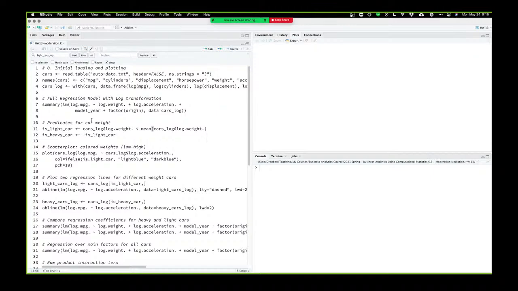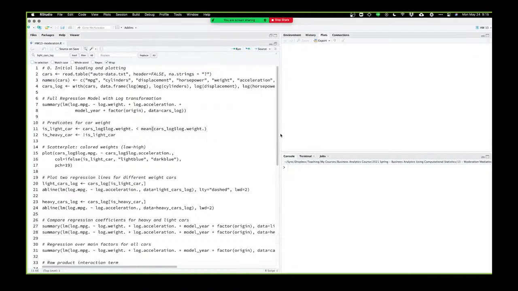Okay, so the way I did it is this, and I hope that you can see my screen clearly. I did this logical operation of just asking which log weights are smaller than the mean weight. So let me just run that for a second.